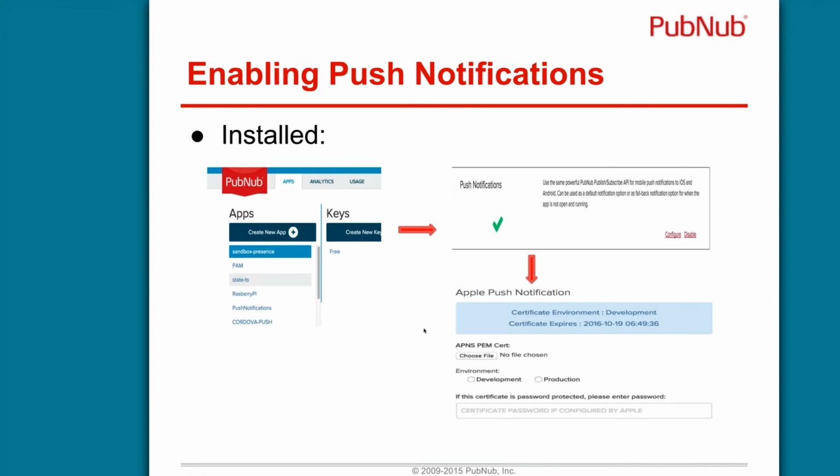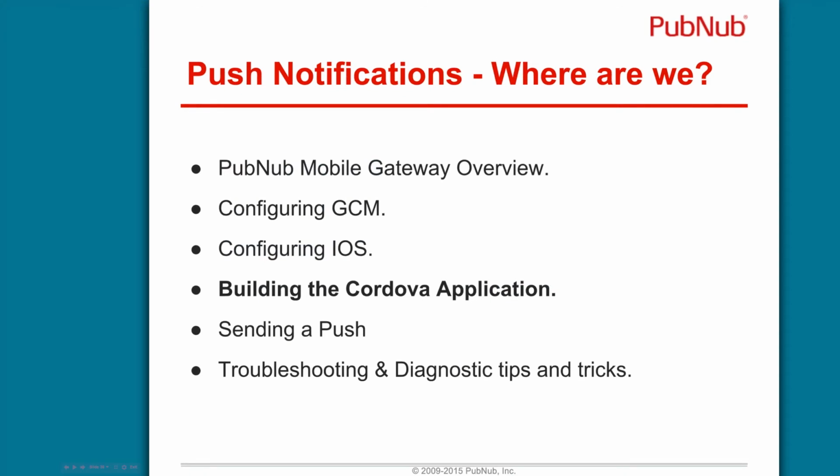At that point, you have a fully configured mobile push gateway. Okay. If everything works out, you should see a screen similar to this. Okay, so now we have the gateway interacting with the service provider.